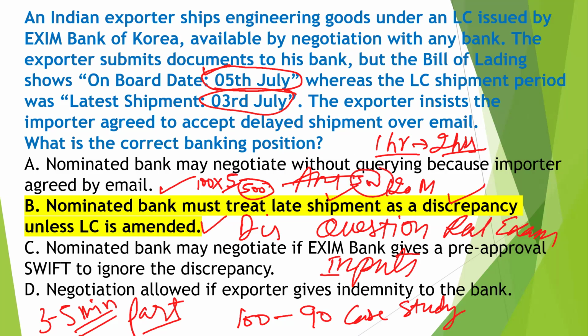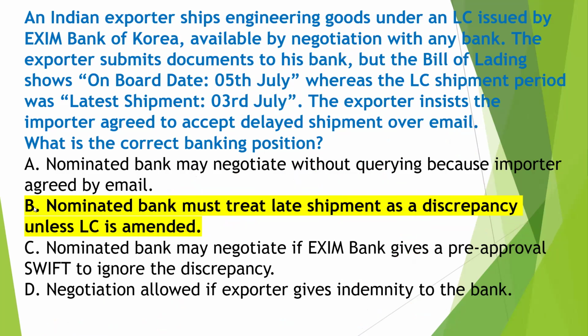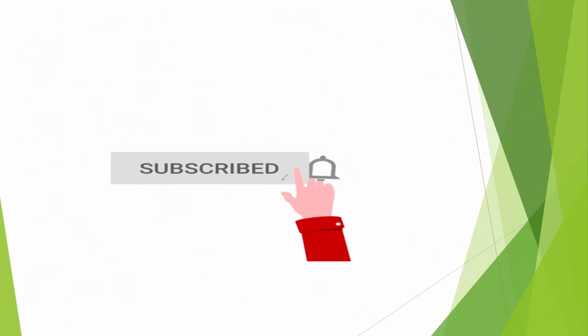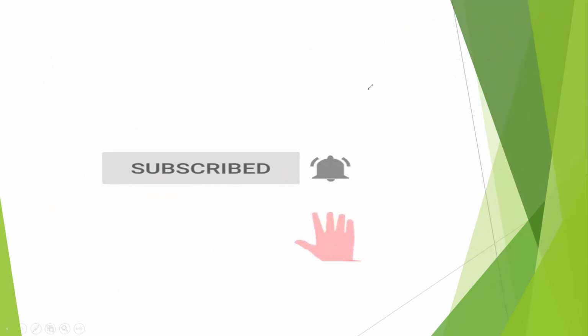So it is very important that you do time management with your questions. Why is time management required? Because when you are giving the exam, you have to attend 100 questions and you have 120 minutes, 2 hours.